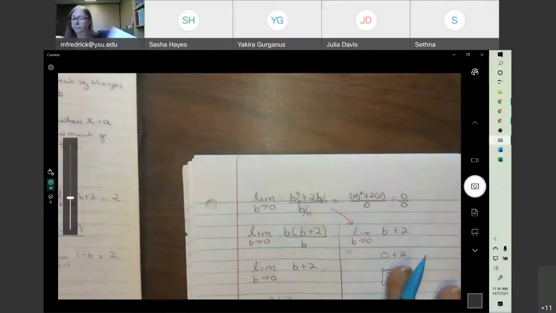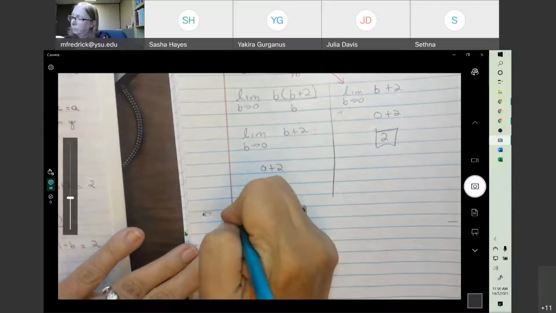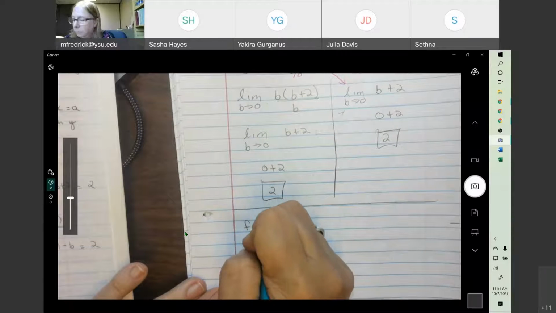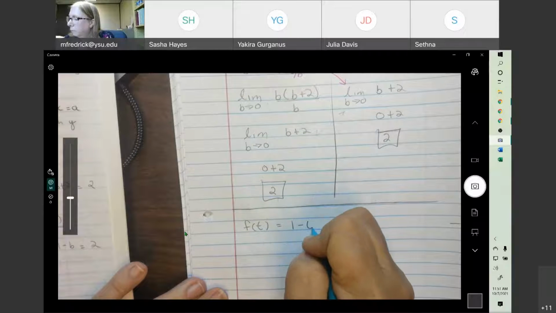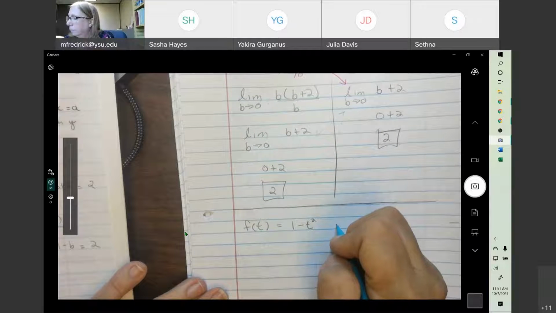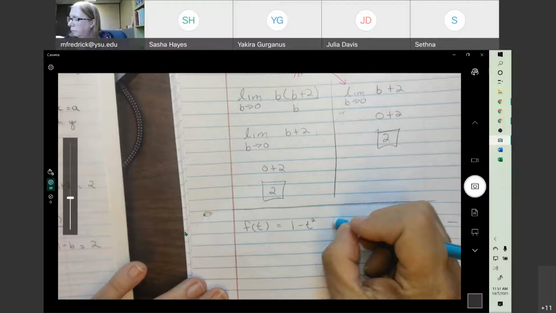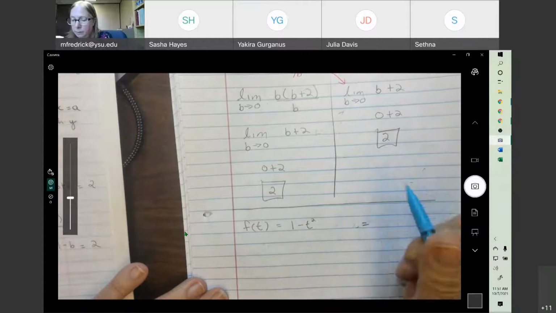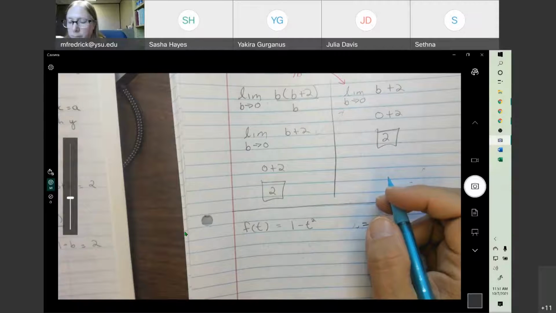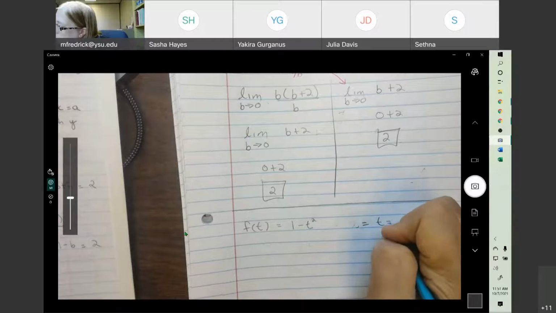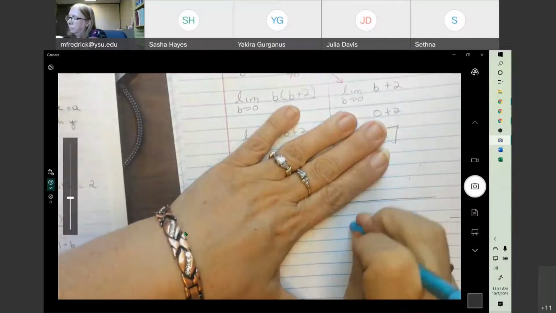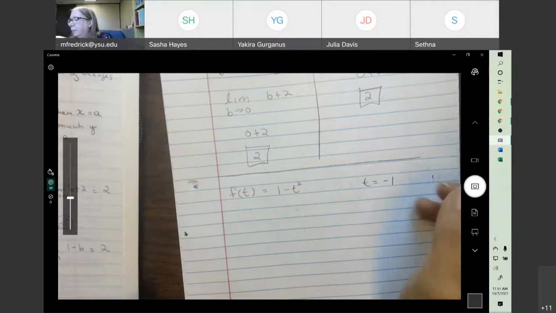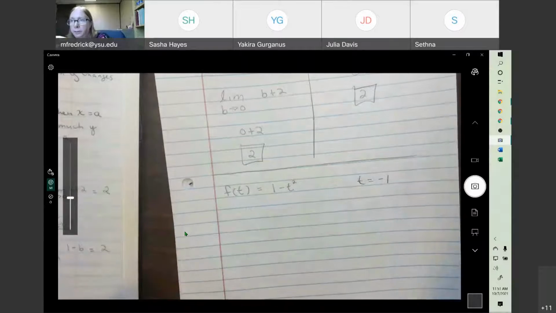Let's try another one. So we want to see what happens as t gets close to -1, or how it changes at -1.